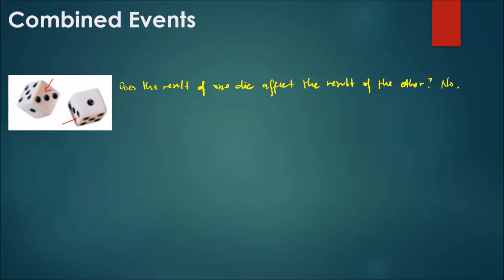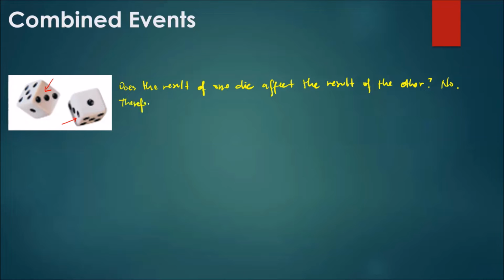The answer is no. What you get in one die will not affect the result for the second dice. Therefore, the results for the two dice are said to be independent events.